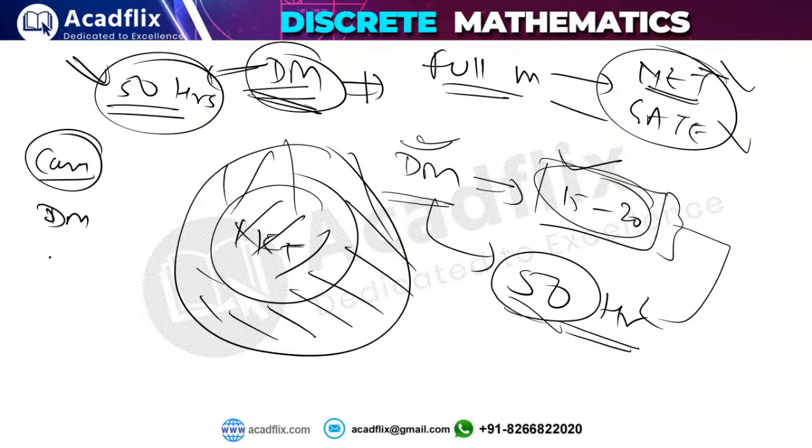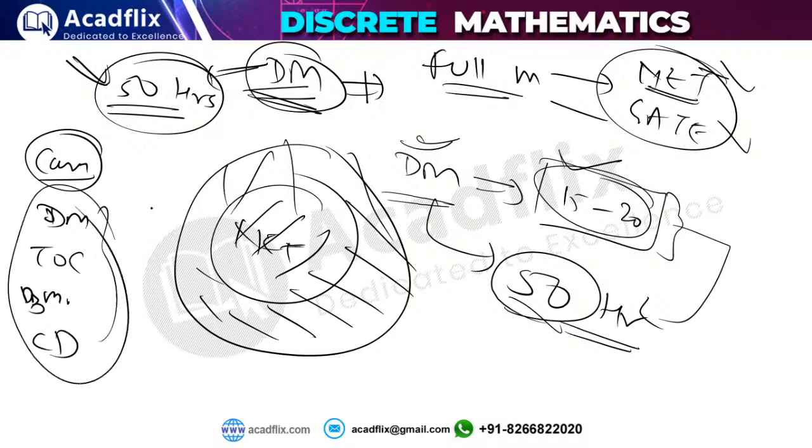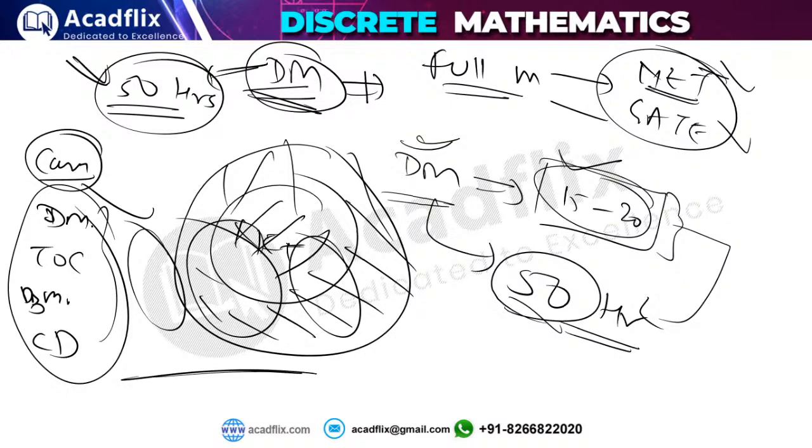Discrete mathematics, TOC, DBMS, and compiler design. These are the 4 subjects that I will cover. Some subjects Abdul sir will cover, some subjects Kapil sir will cover, some subjects Priyanka ma'am and Pawan sir will cover. So anyway, all these subjects will be covered in a very detailed manner.